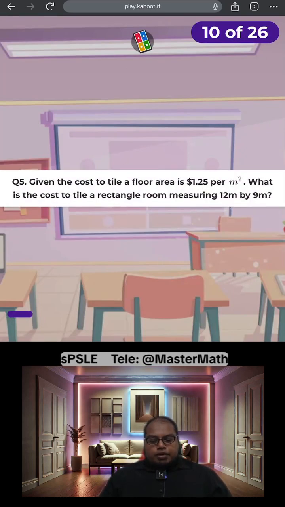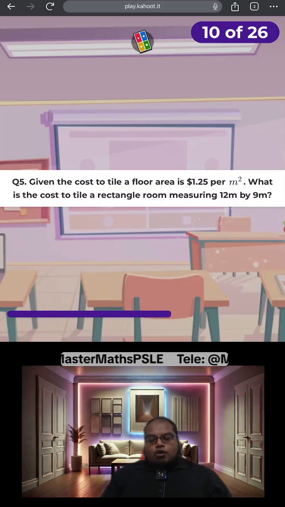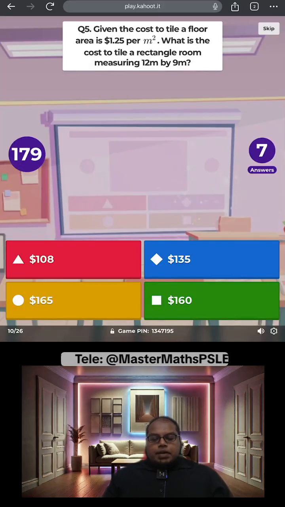Okay, there's a double points here. Given that the cost to tile a floor area is $1.25 per meter square, what is the cost to tile a rectangle room measuring 12 meter by 9 meter?